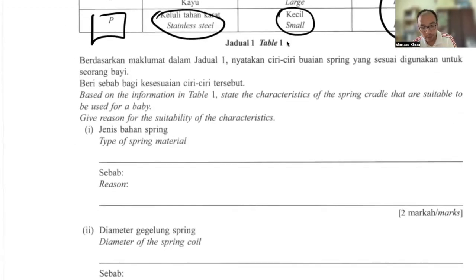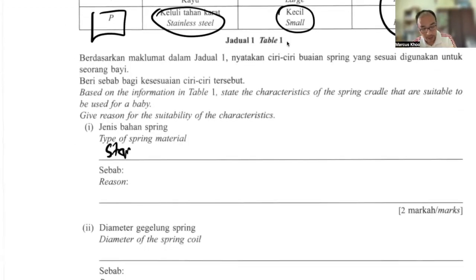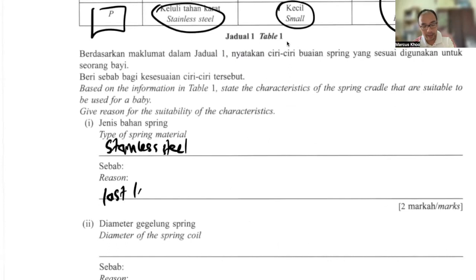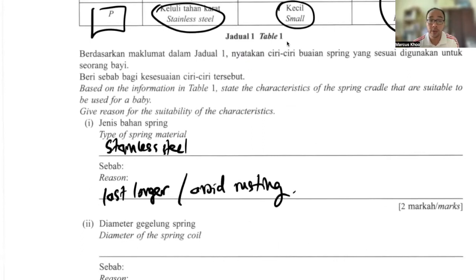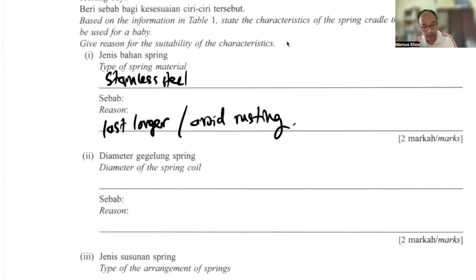So the type of spring material will be stainless steel, and usually stainless steel lasts longer because it is stainless, or avoids rusting. These are the two usually good ones. The diameter of the spring coil will be smaller. Why?